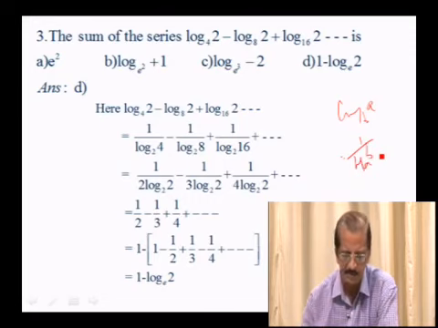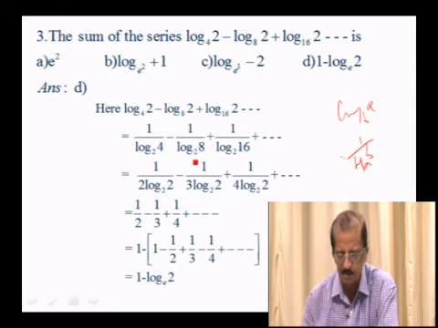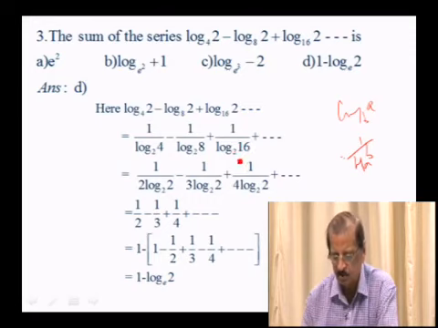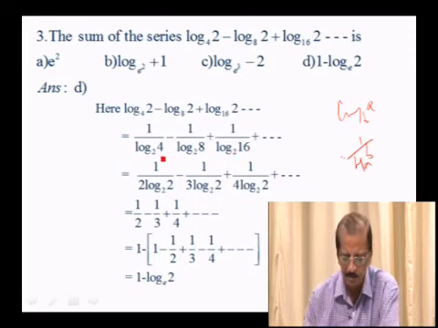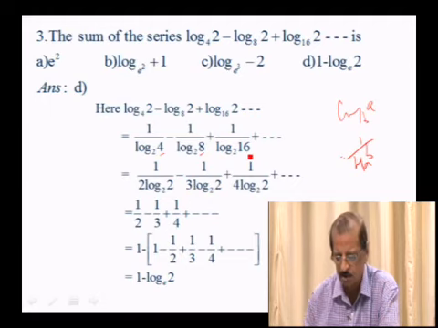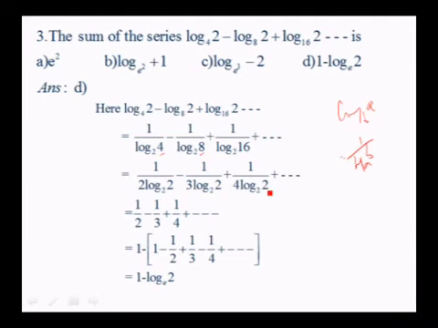So I write the first term as 1 over log 4 to the base 2, the second term as 1 over log 8 to the base 2, third term as 1 over log 16 to the base 2 etc. But log 4 to the base 2 is log 2 square to the base 2, which can be written as 2 log 2. This is log 2 cube to the base 2, which can be written as 3 log 2. This is log 16, that is log 2 to the power of 4 to the base 2, 4 log 2 to the base 2. But log a to the base a is always 1. So log 2 to the base 2 is 1.